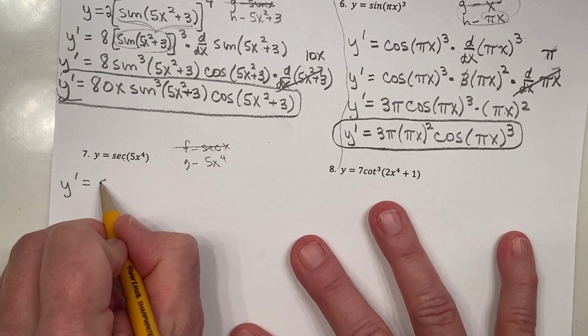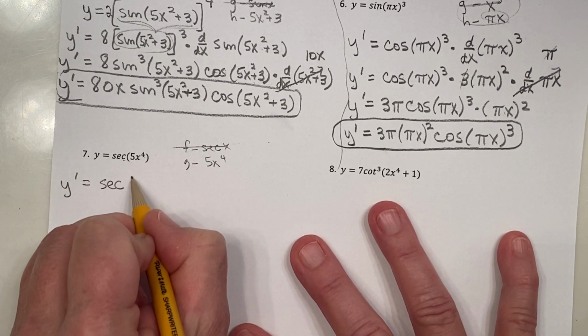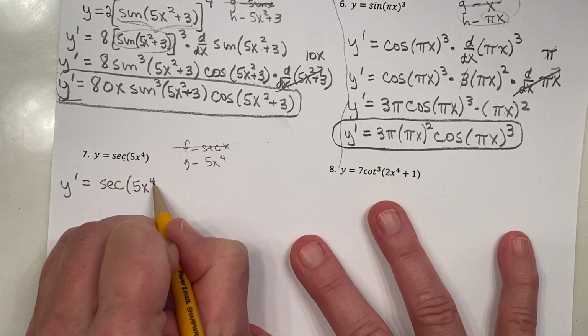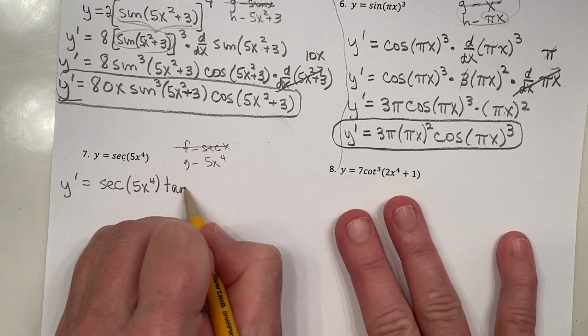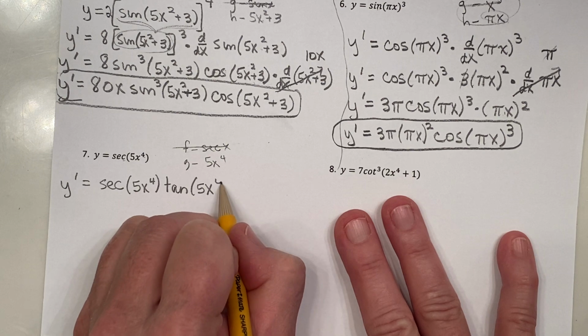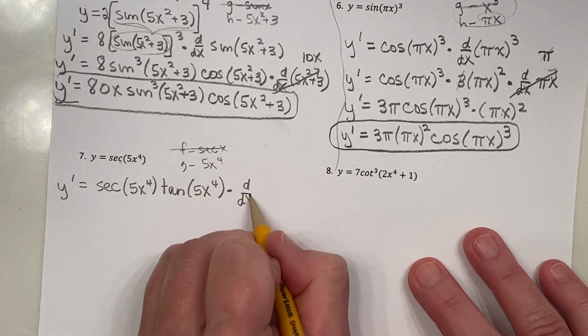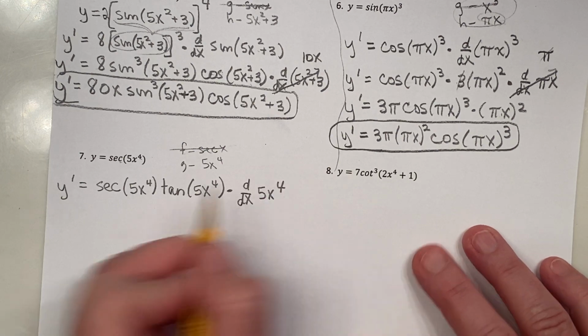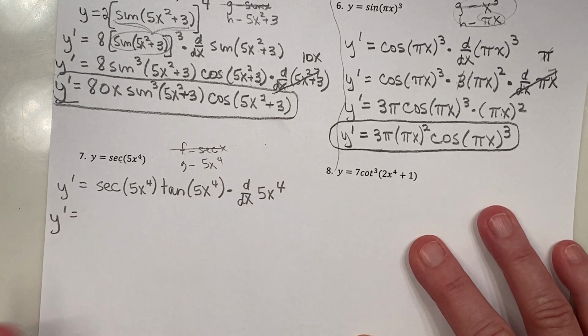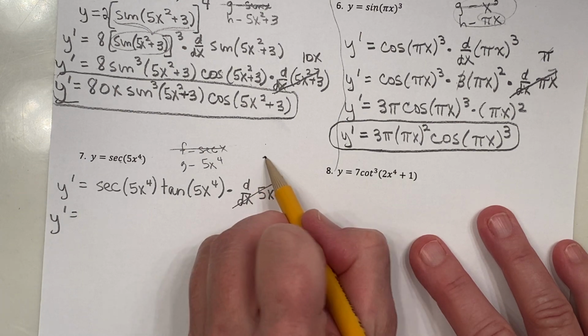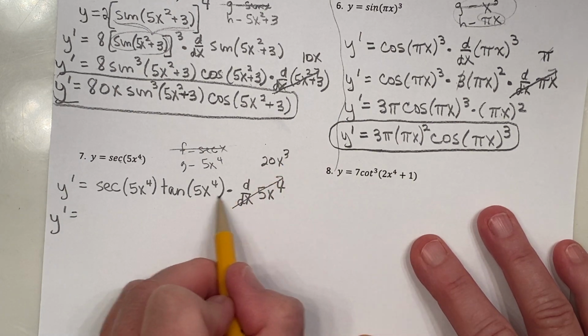So derivative of secant u would be secant u times tangent u times the derivative with respect to x of 5x to the 4th. All right, this derivative is easy, 20x cubed, and I would take and bring it up front.